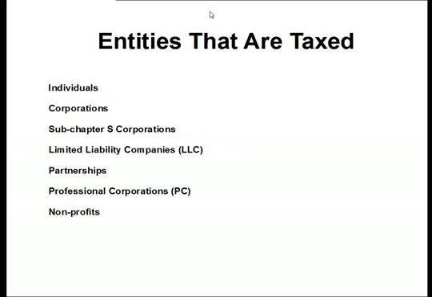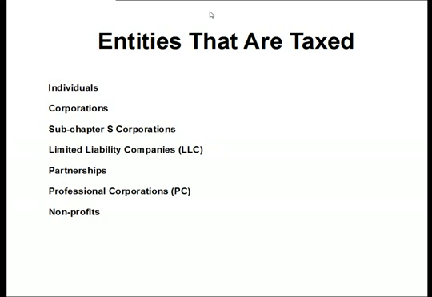So bear in mind that a nonprofit is still usually a corporation. In some states, they can also be an association, which is a separate entity type. But usually they're corporations, just like any other. So your local United Way is most likely a corporation, just like your local Enterprise car rental operation is a corporation.